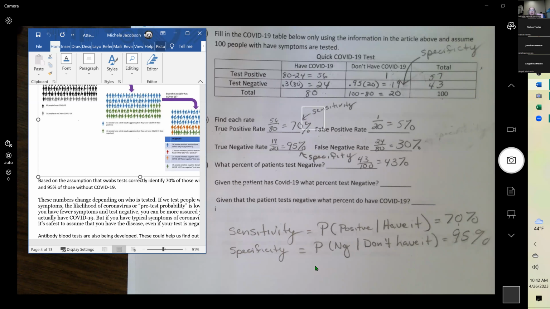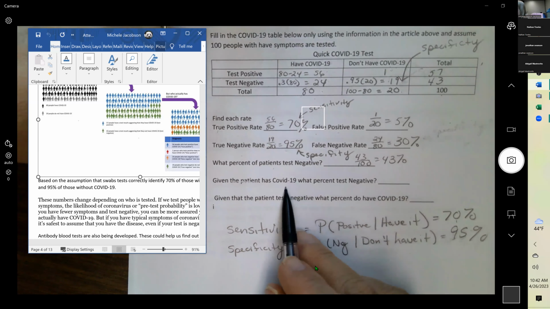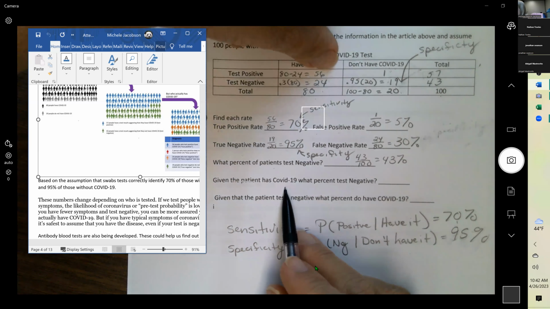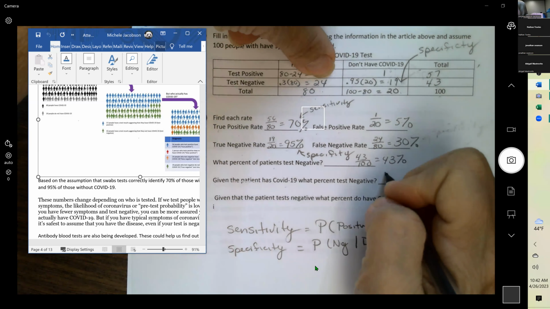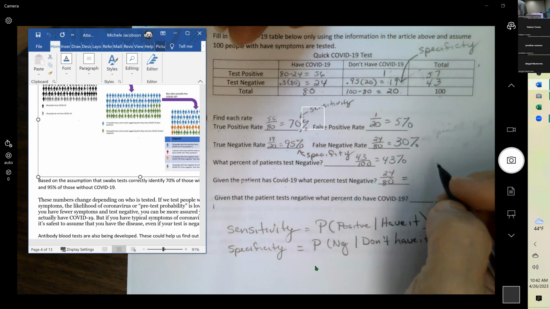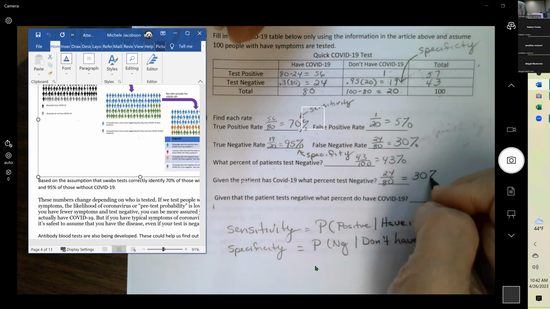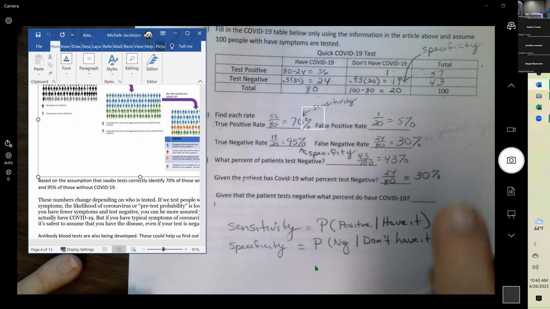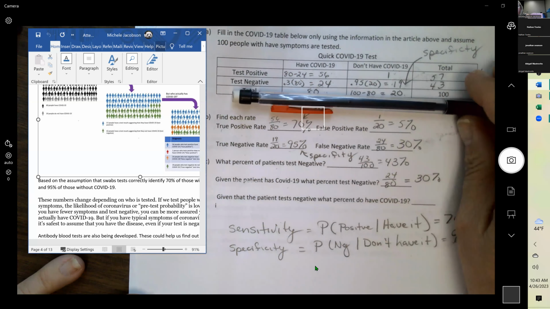Given the patient has COVID, what percent tests negative? So given they have COVID, that's this column. Test negative is the 24. Given the patient tests negative, then that's where you would only use the row, the negative row.